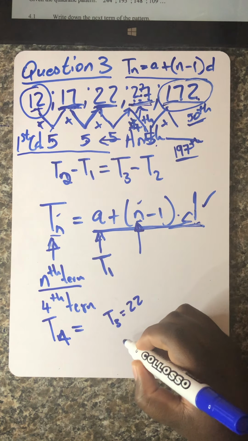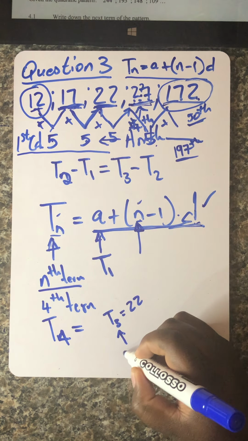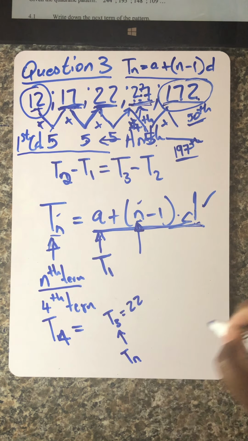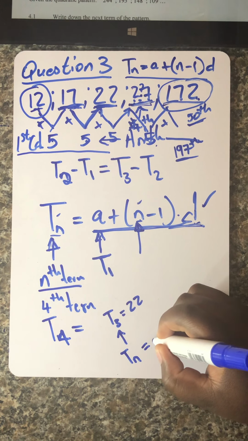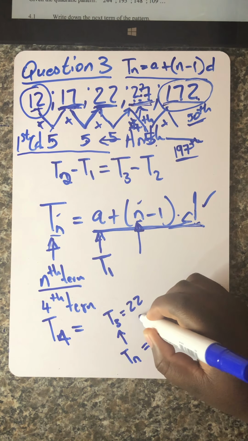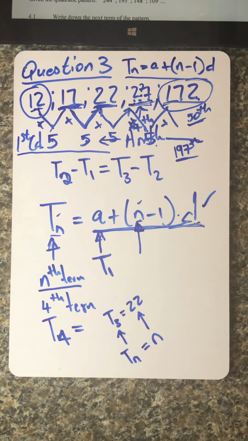Okay, so that means term number 3 is what we refer to as TN. Okay, and then this term number 3 is equal to N, which is 22. Okay, I'm not sure if this makes sense, guys, but I hope it does.